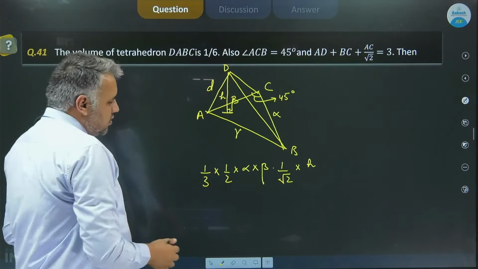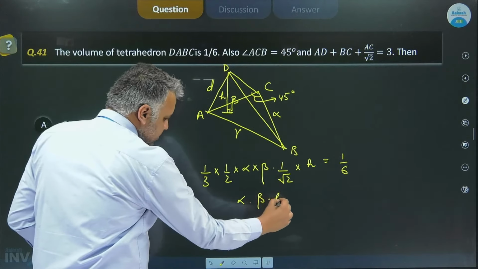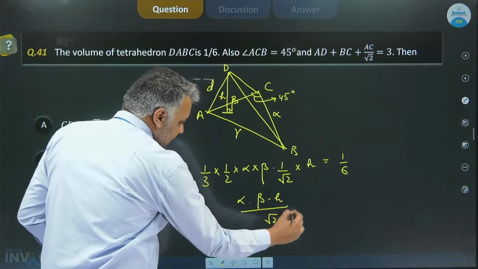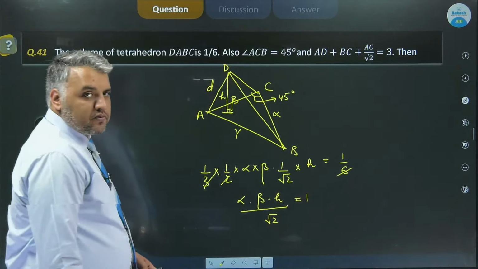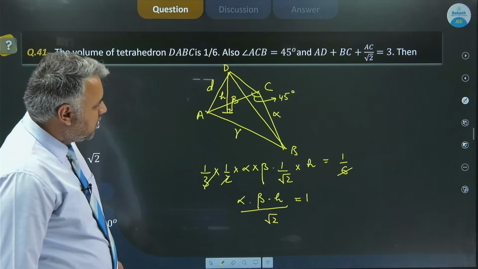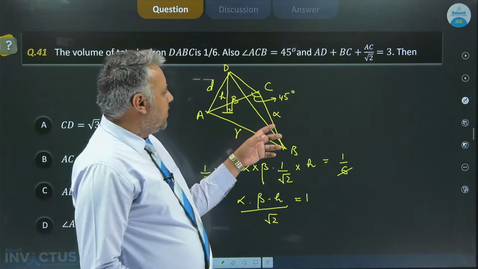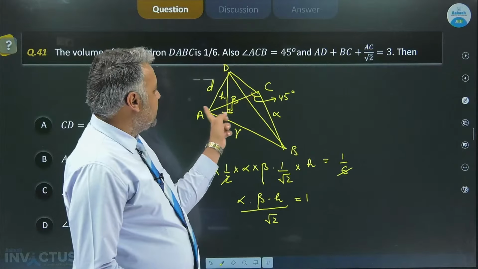So this is equal to 1/6. This volume was given as 1/6. So we know that alpha into beta into h divided by √2 is actually 1, because 6 will be cancelled out. Okay. Now we know one more relation between AD, BC, which is alpha, and AC, which is beta.